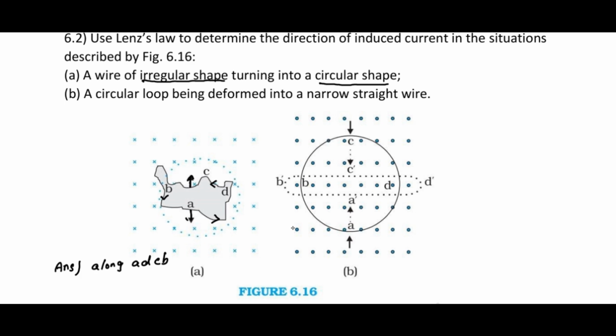If we come to B, as the circular loop is transformed into a narrow wire, its area decreases. The arrow marks are shown compressing it. The magnetic flux linked with it also decreases. By Lenz's law, the induced current should produce flux in the direction of the original flux.